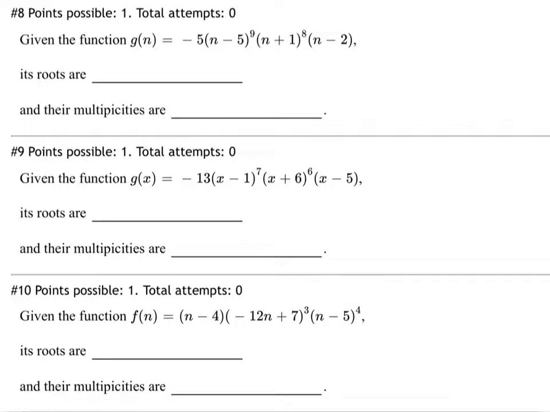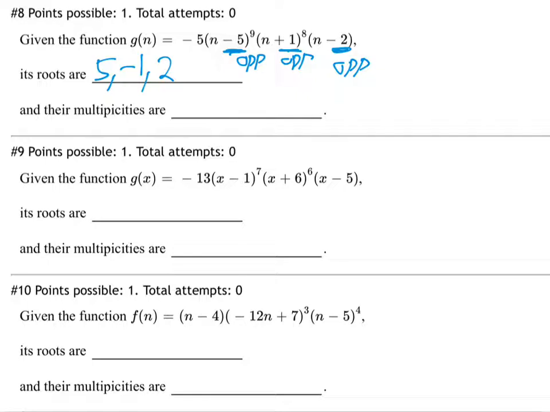So, number 8. Here we are again doing that same thing we were doing before with roots or zeros, whatever they want to call them. You just take these numbers in the parentheses, and we do opposite, opposite, opposite, don't we? So it's going to be +5, -1, and positive or regular 2.